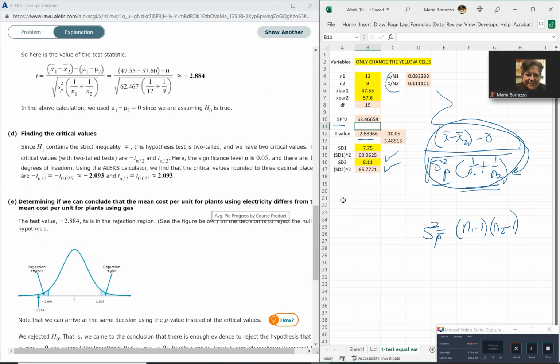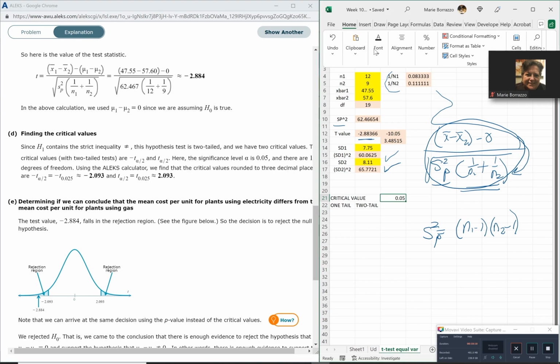Okay, so let's do this. Let's call this critical value. I'm going to do the 1 tail on this side and the 2 tail on this side. If the critical value in this case happens to be 0.05, which you can change, I'll make this yellow so you can remember that yes, you can change this.